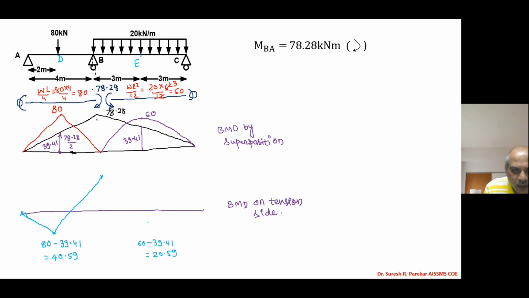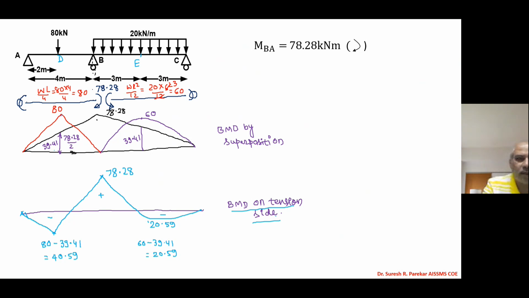So we have this as 40, this is 20, so around half we will have, and then we will plot this in this way. This value at center is maximum, and that value is 20.59. So this is minus, plus, and this value we have 78.28. Likewise, we have to draw the BMD on tension side.